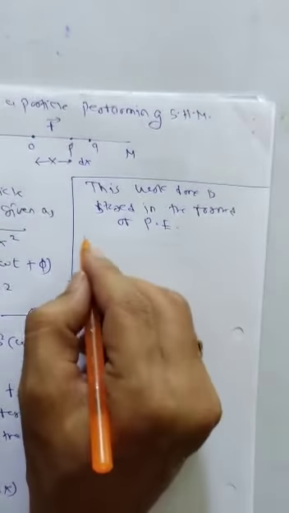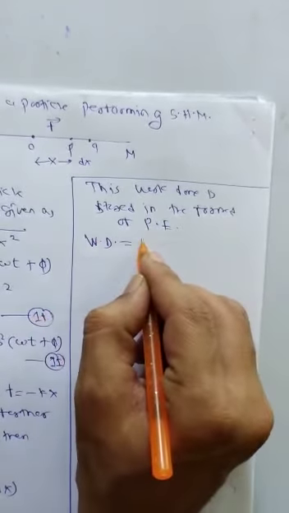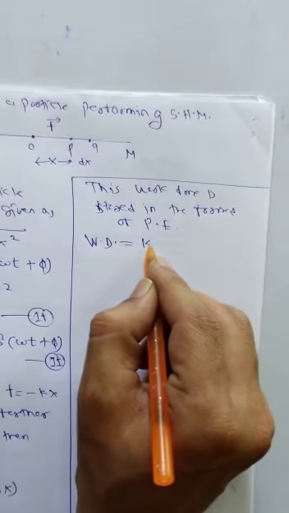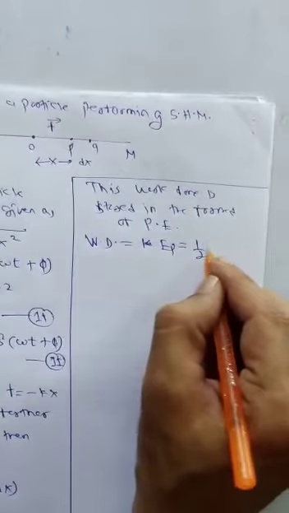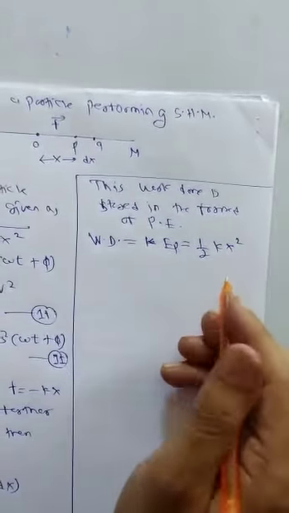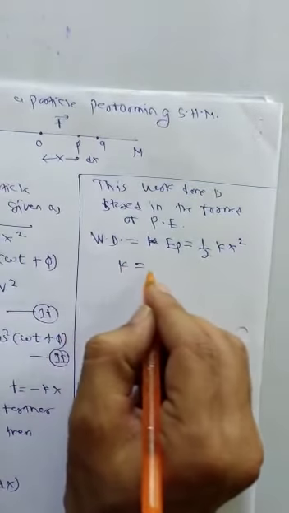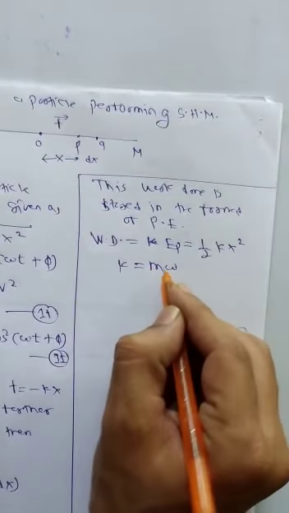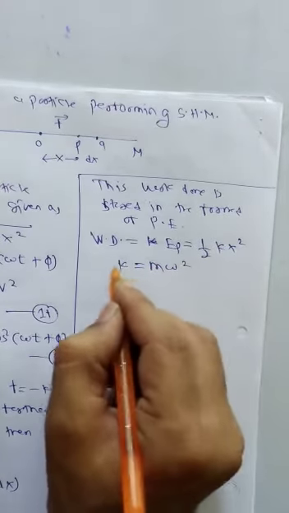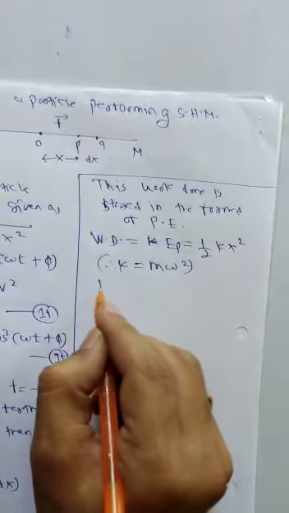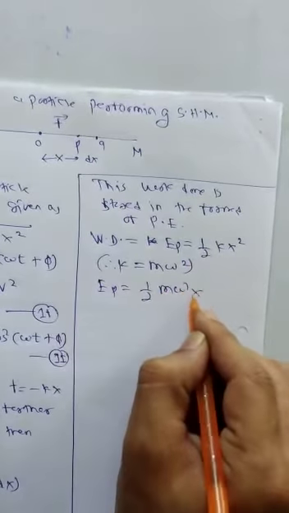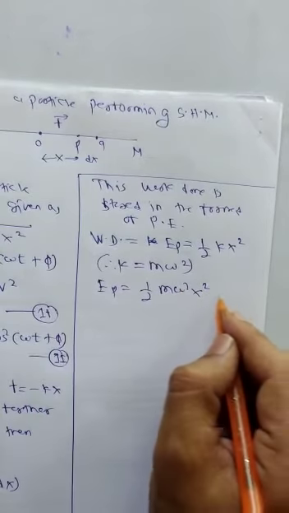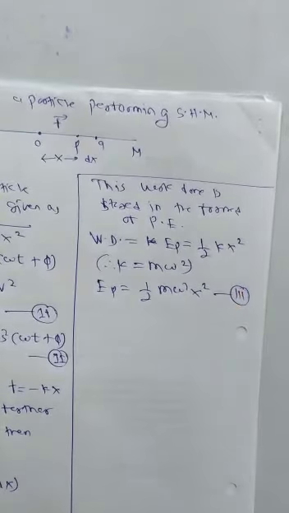So this work done is equal to the potential energy, which I will write shortly as Ep, and it will be half kx square. We know that k is equal to m omega square. So this equation will be half of m omega square x square, which is your equation 3. This is the potential energy.